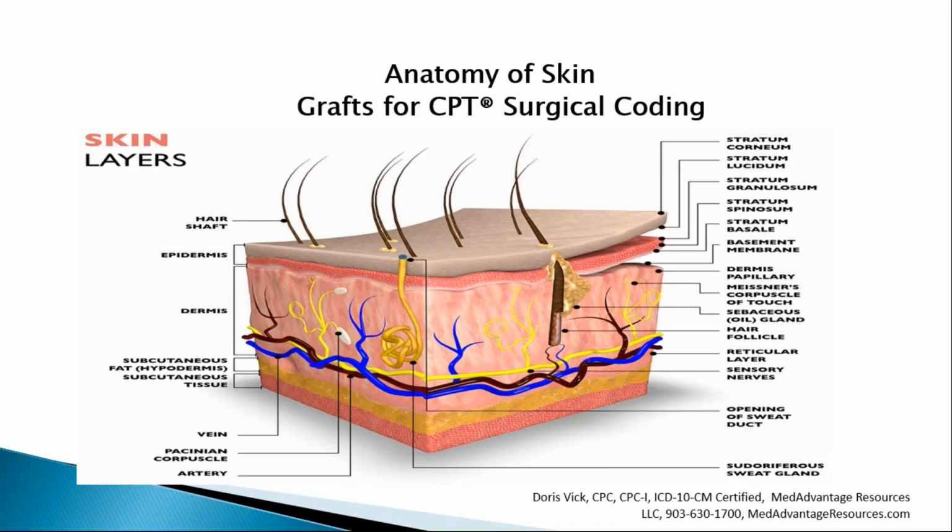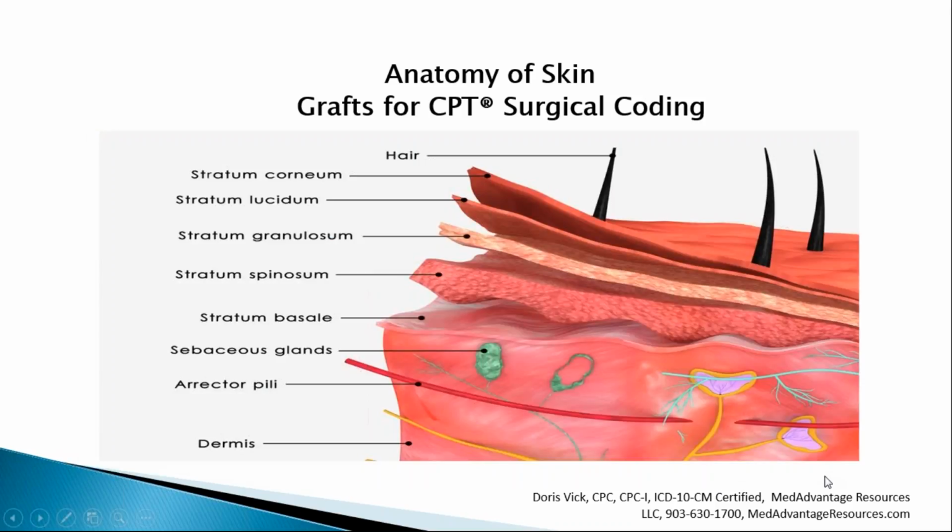Subcutaneous: the root word cutaneous means skin, so it's below the true skin, or the dermis, hence subcutaneous. It is also, as illustrated in the picture on your screen, a fatty type of tissue. You also see in this illustration veins, arteries, and nerve endings, components that do not belong within the integumentary system but are vital to the life and health of the skin.